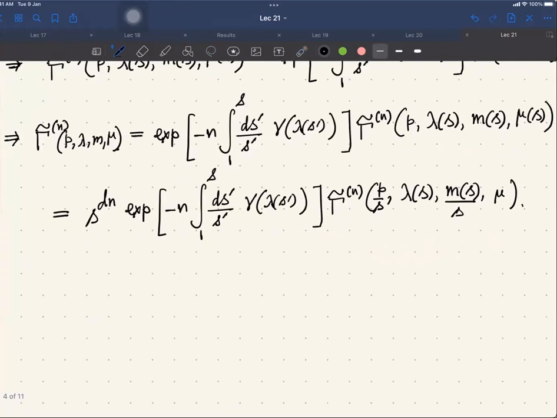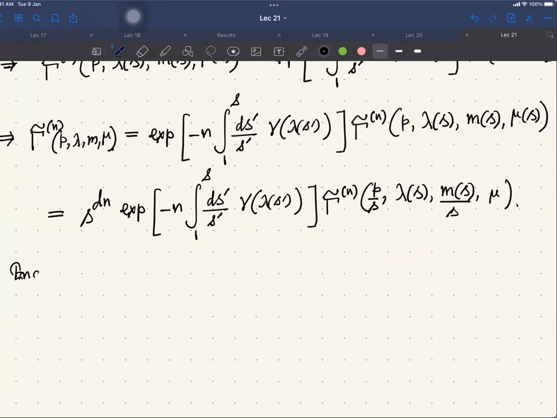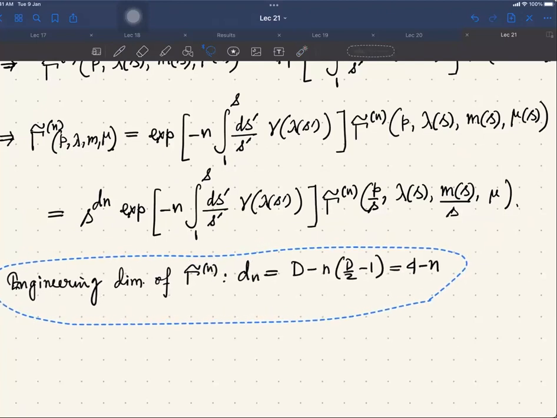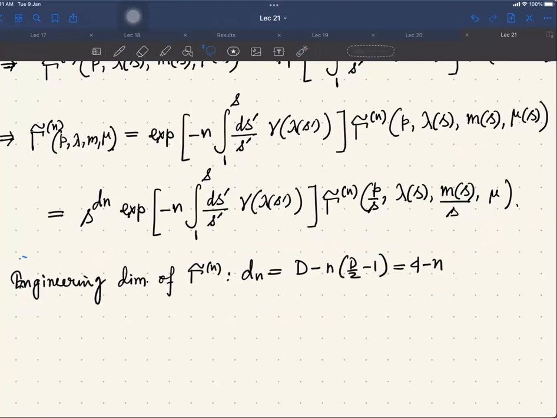So this is the engineering dimension of gamma tilde n, and that's dn is equal to d minus n times d by 2 minus 1, which is equal to 4 minus n. Okay.